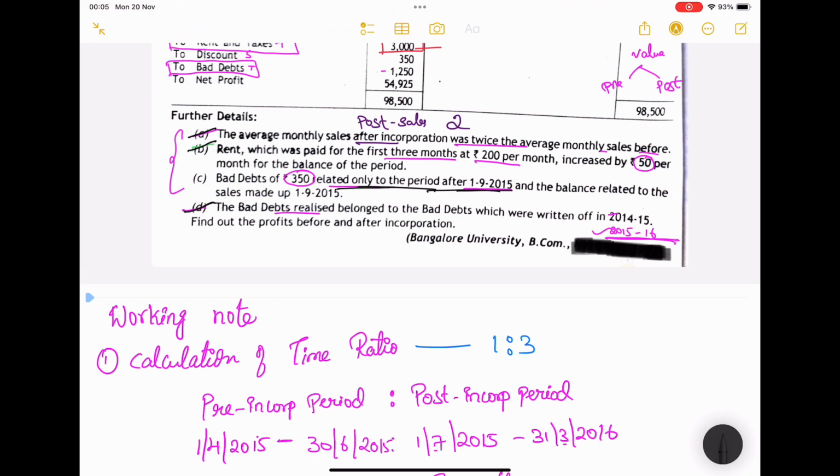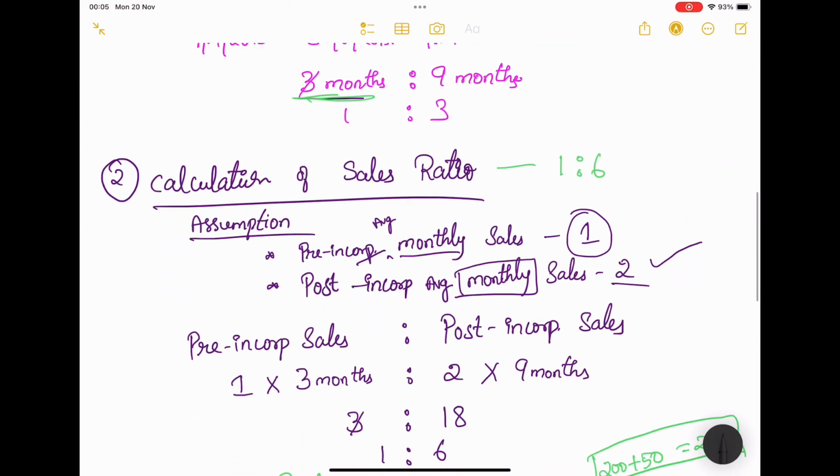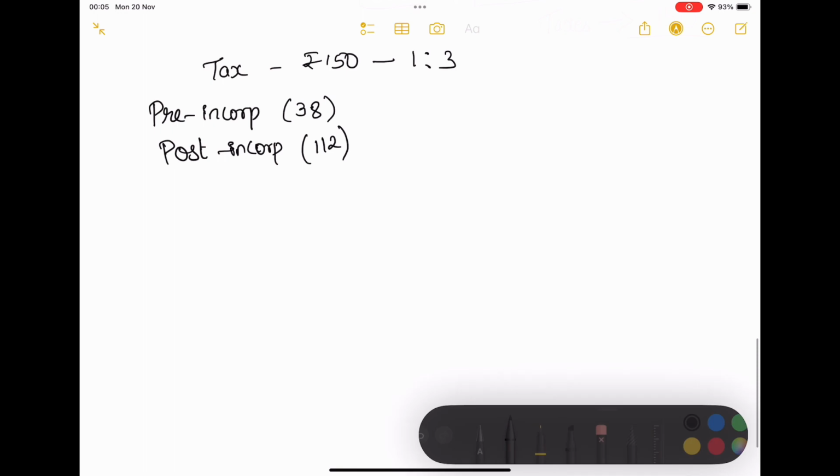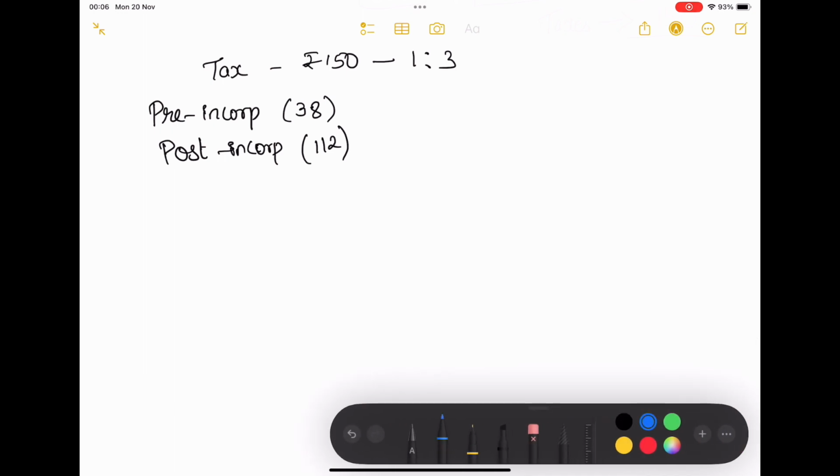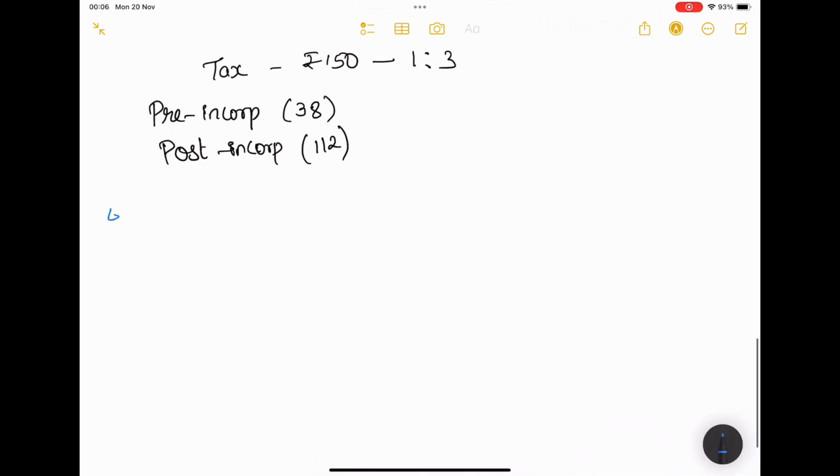So I'll write here that first. Yes. Fourth one, calculation of bad debts value.